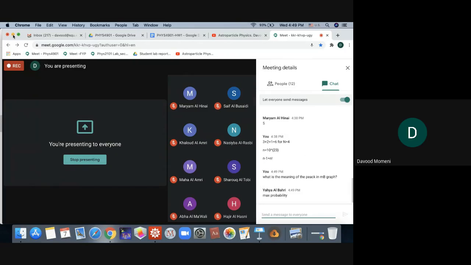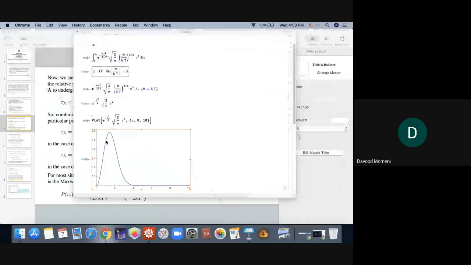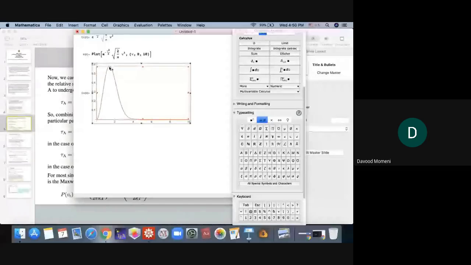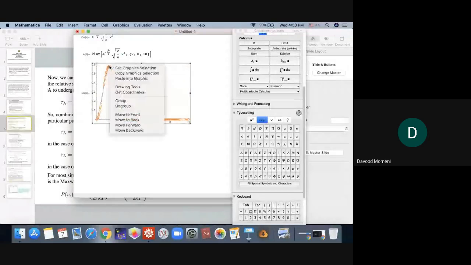Maximum probability. This is the maximum, and it happens here; this is the maximum probability. Exactly. Do you know how to find this? You can use Get Coordinates here and go there to find the coordinates.